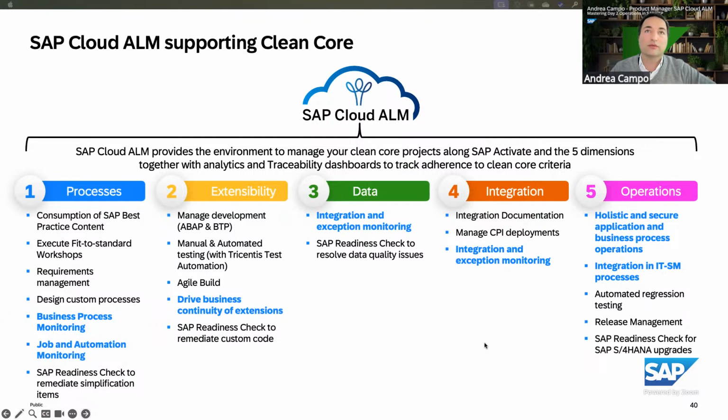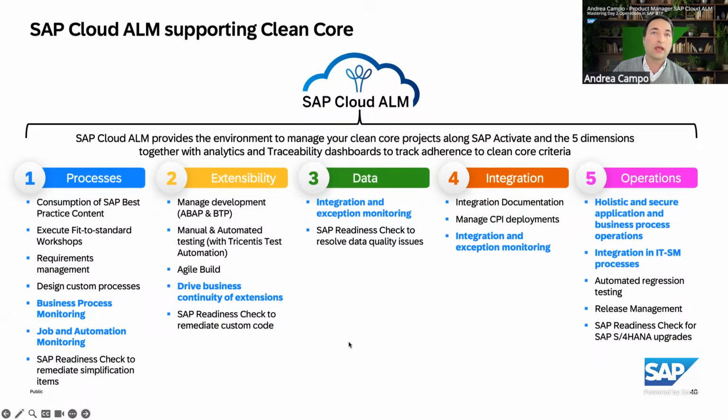We also have a lot of developments going on to improve the APIs that can be used, for example, to integrate SAP Cloud ALM with external ticketing systems, and so on. So in the end, we can say that we can already cover most of these dimensions with the standard applications already available in SAP Cloud ALM.